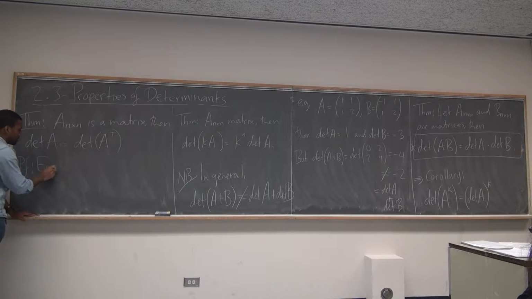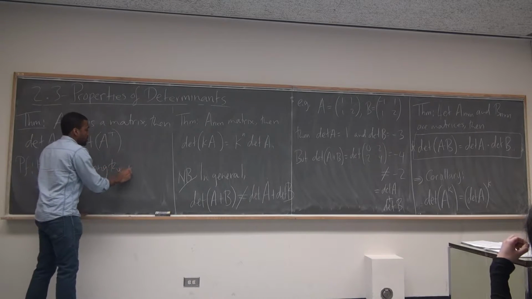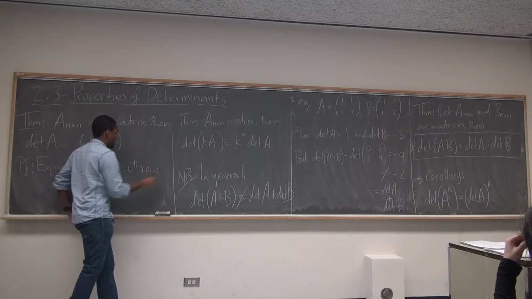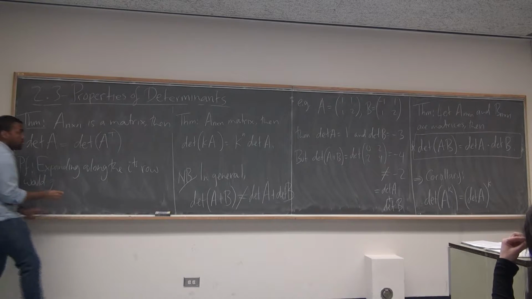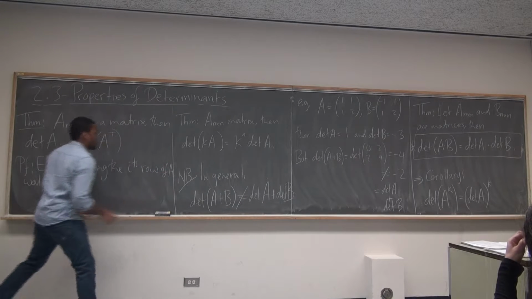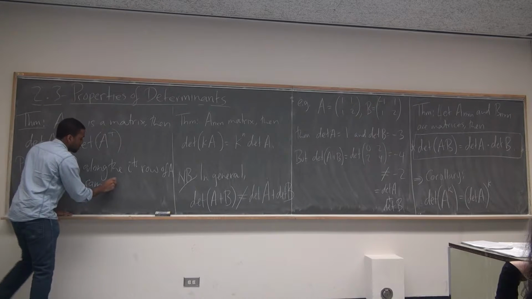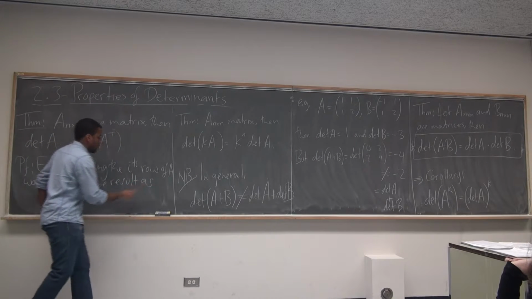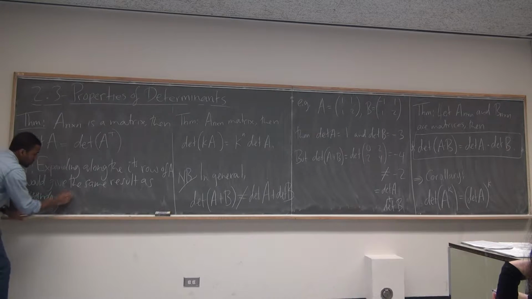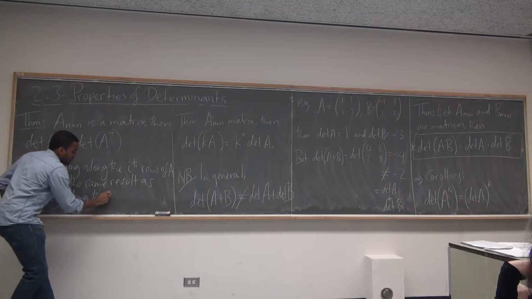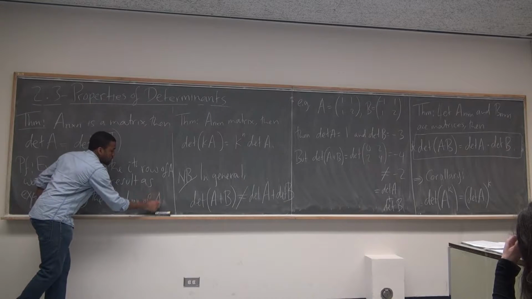Expanding along the ith row of A would give the same result as expanding along the ith column of A transpose, right?